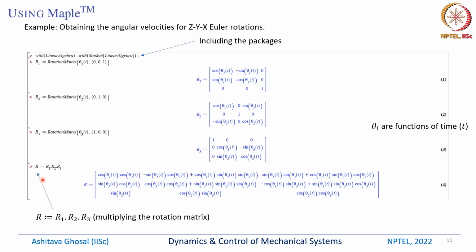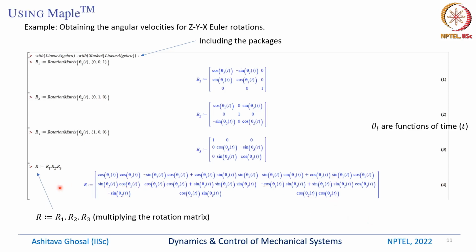I want to find out what is the resultant rotation matrix after z, y, x. So we multiply it in the order in which we have done these rotations. First z, then y, then x. You multiply, and then you will get these somewhat long expressions. But if you carefully see what it is telling you, for example, this element, which is the 3,1 element, is minus sin theta 2(t). This one is cos theta 2, cos theta 3(t).